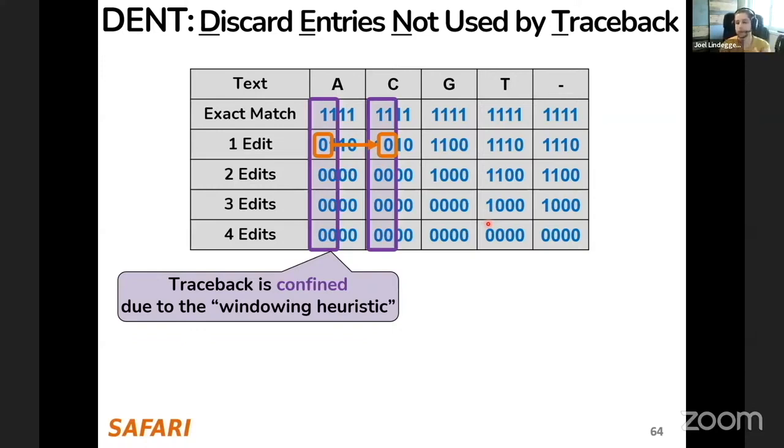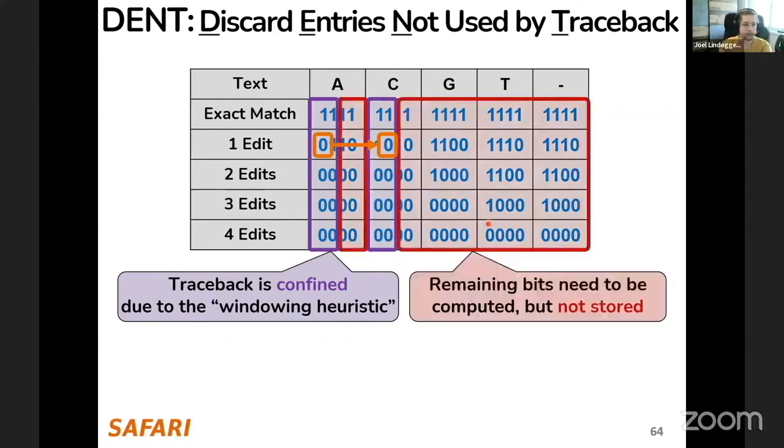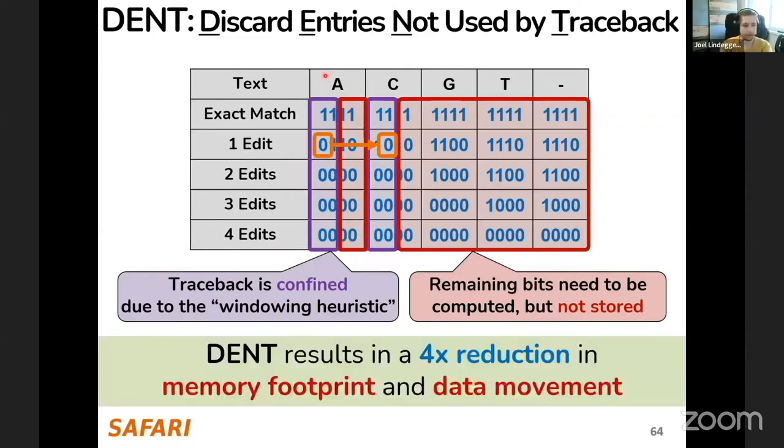And for a large table, it's about half the bits. And the remaining bits are never reached, and they do not need to be stored. They do need to be computed because the purple bits depend on them with data dependencies, but they do not need to be stored for later traceback. And just discarding them after computation gives a 4x reduction in memory footprint and data movement.